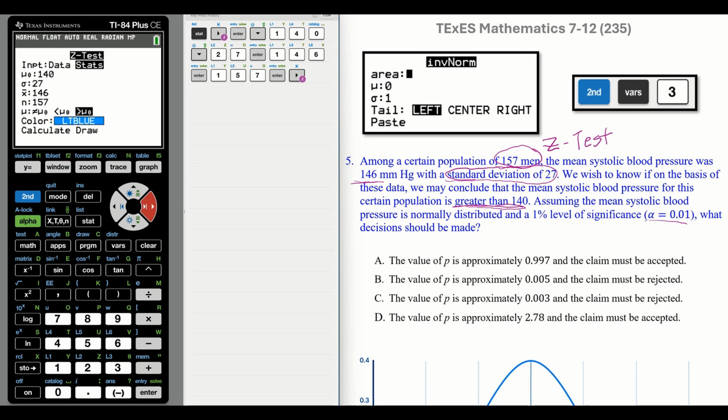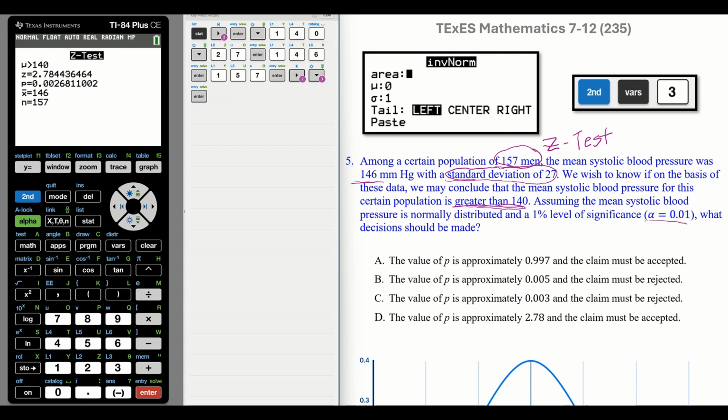So we go over here where it's blinking and use that again, because what they're saying is the study mean is truly greater than your mu naught. All right, let's arrow down and enter.